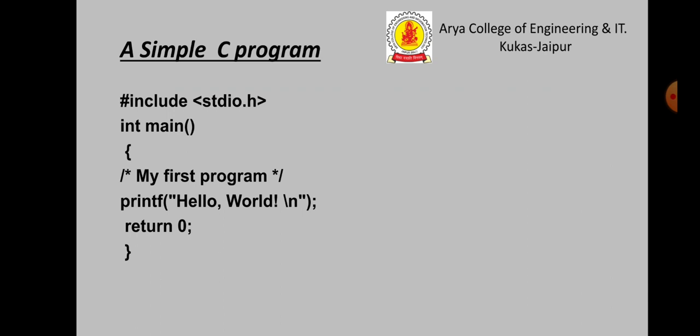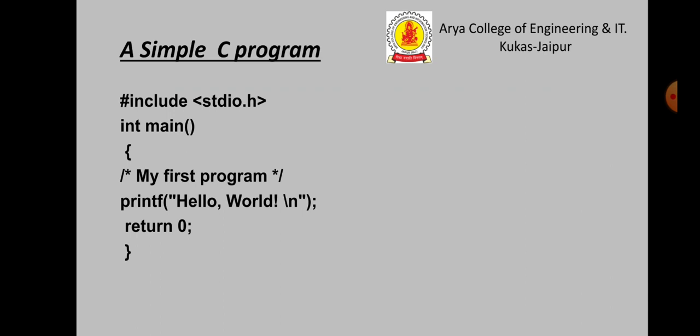This is our simple program that prints hello world. Here you can see at the top we include the header file stdio.h. Then we write the main function. The main function is the important function in our C program because the compiler always starts the execution from the main function.